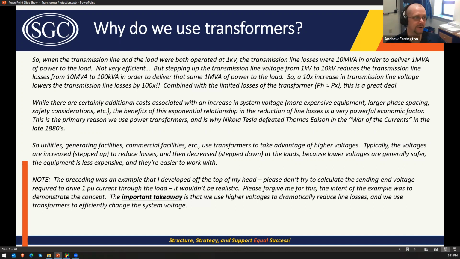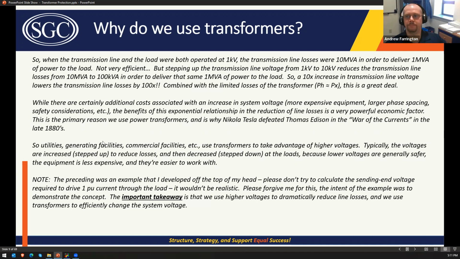You can also get higher currents because the voltage is higher, right? So there are safety considerations for personnel if you have a car pool accident or something. You know, there are costs, even if they're not economic costs, they may be societal costs. Clearing bigger right-of-ways, for instance, right through the northern Maine woods.